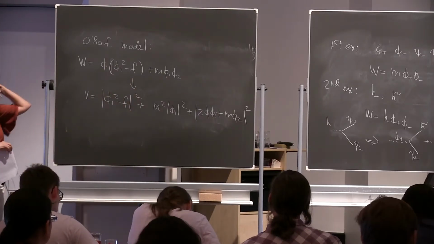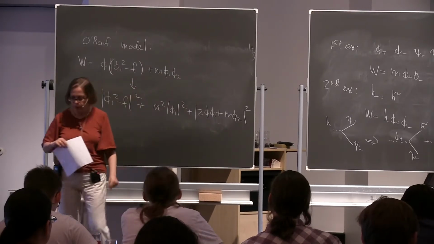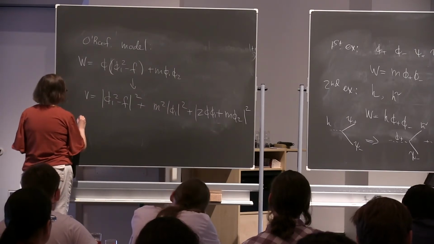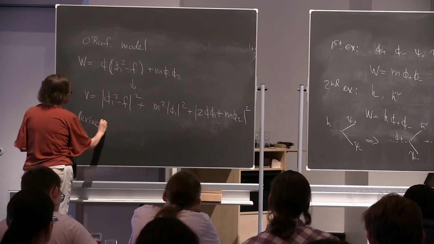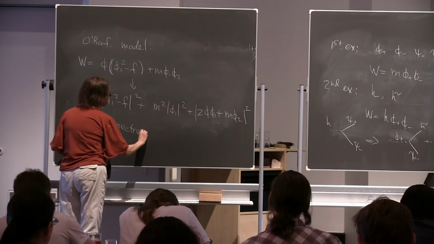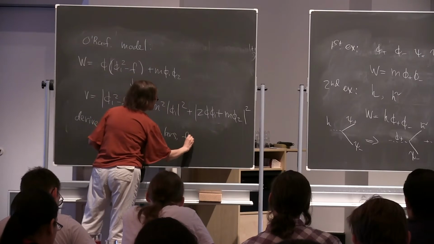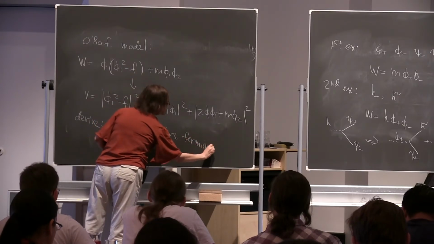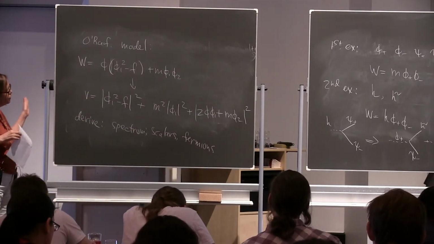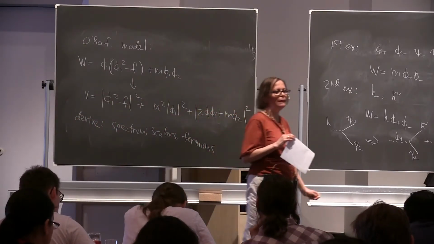So that also corrects the typo that I had last time. You see phi does appear here. And so now you can take this Lagrangian and you can verify that we have the spectrum that I said we have. So we can now derive the spectrum for the scalars and fermions. So all the examples that we wrote down are very simple superpotentials, and you can derive the Lagrangians from them. Any questions before we go on?